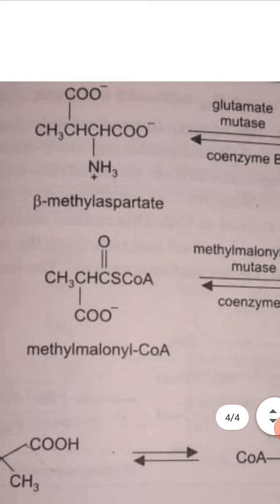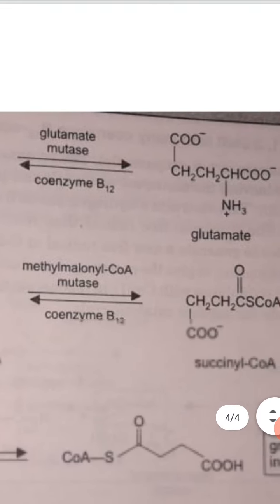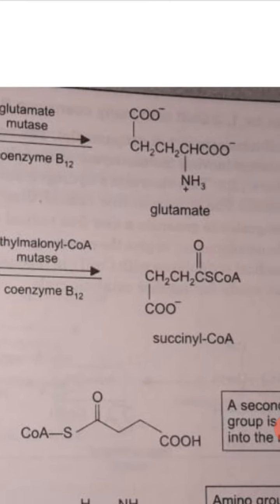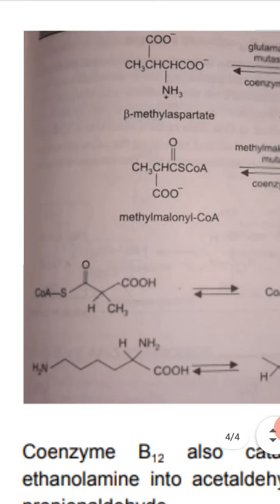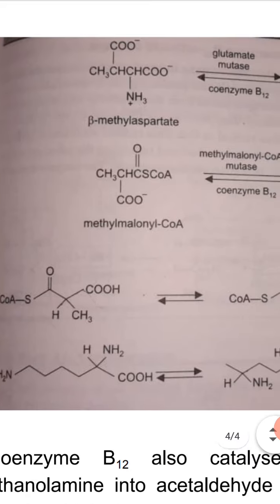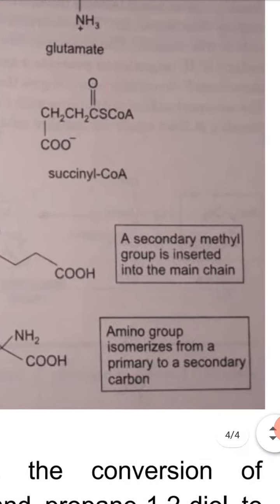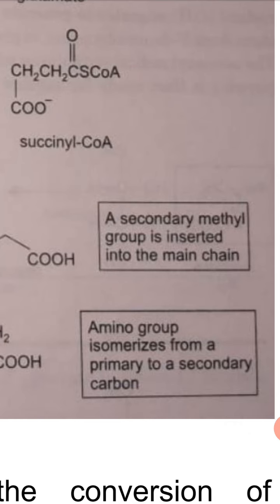Another reaction: methylmalonyl coenzyme A, in which there is a methyl group in the side chain. Now it comes in between, that is, there is insertion, and succinyl coenzyme A is formed. So we see in the two reactions, the methyl group comes in between, and a secondary methyl group is inserted into the main chain.